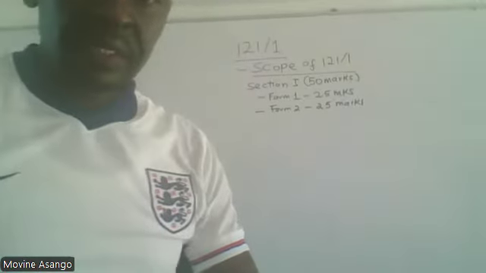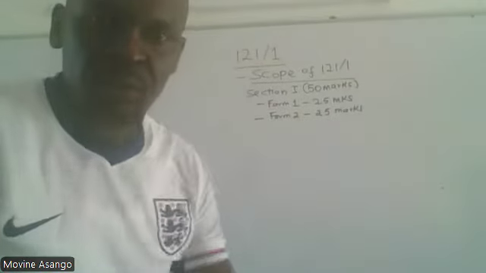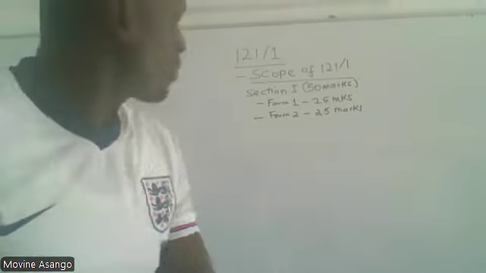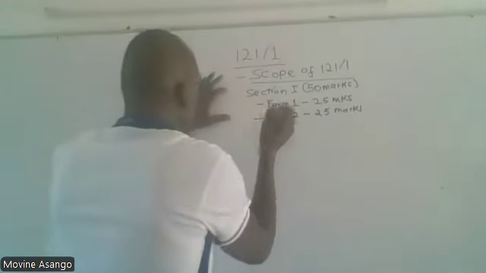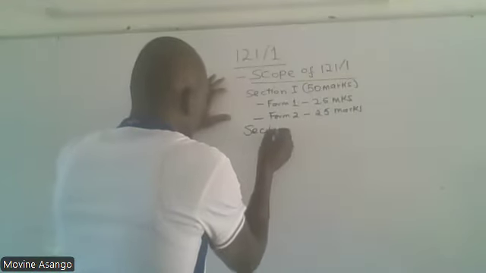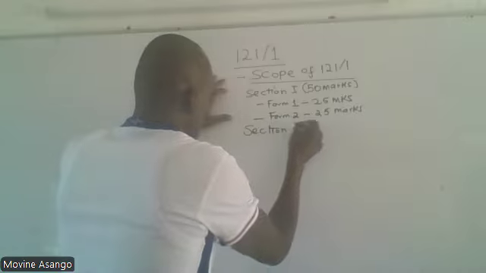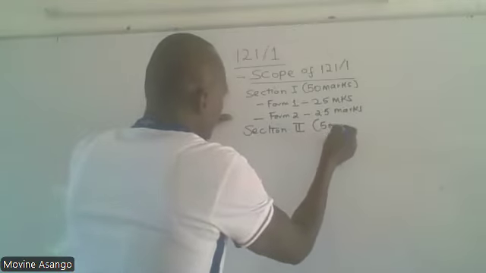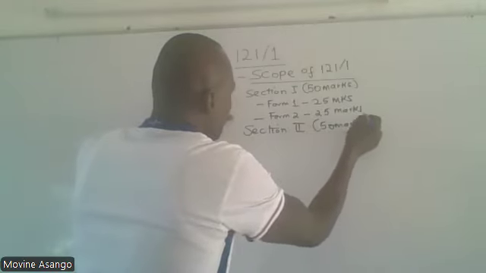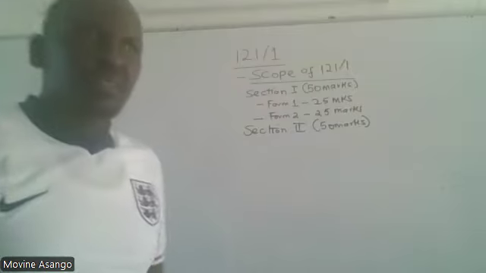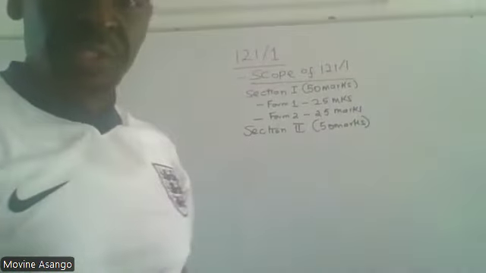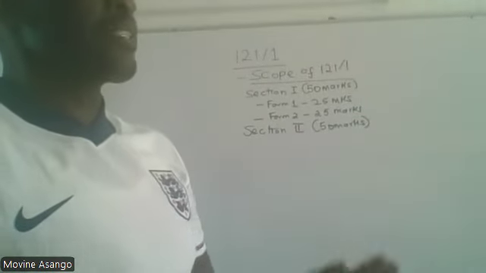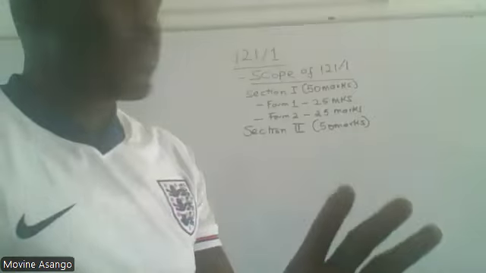Now, we move on to section 2. Also 50 marks. And these 50 marks are from 8 questions from which you are supposed to select 5.